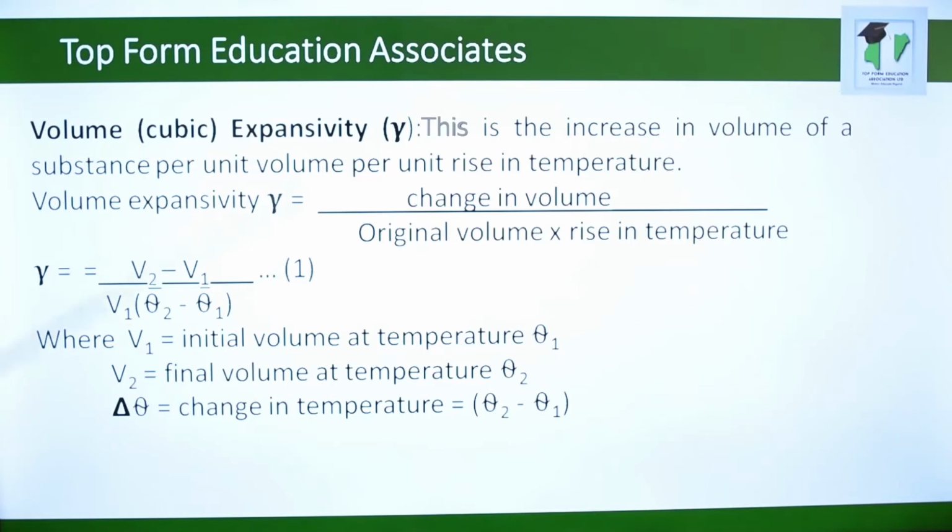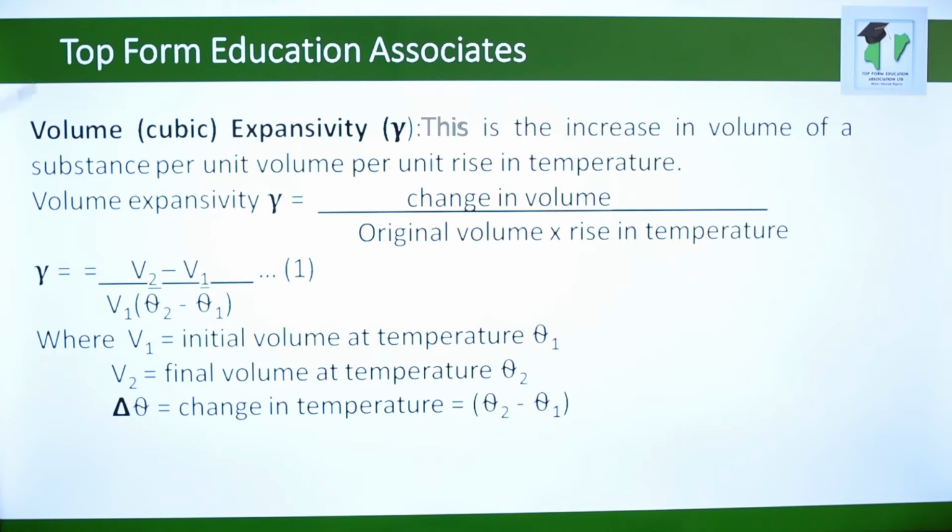Now we'll look at the next type of expansivity, volume or cubic expansivity. This is the increase in volume of a substance per unit volume per unit rise in temperature.